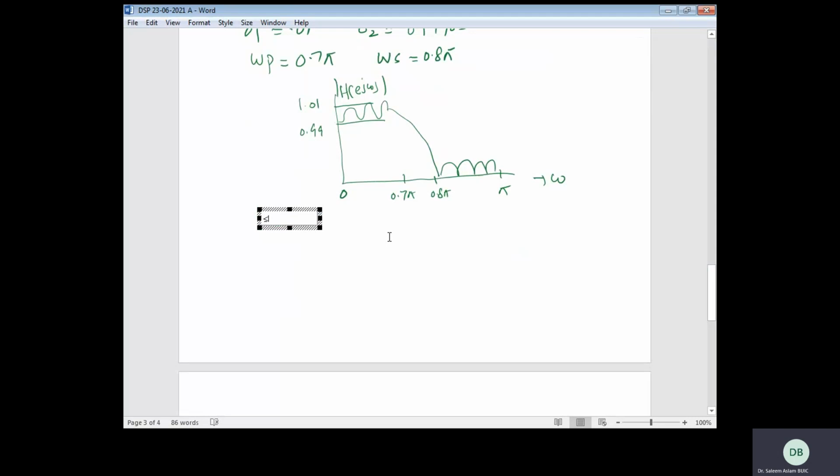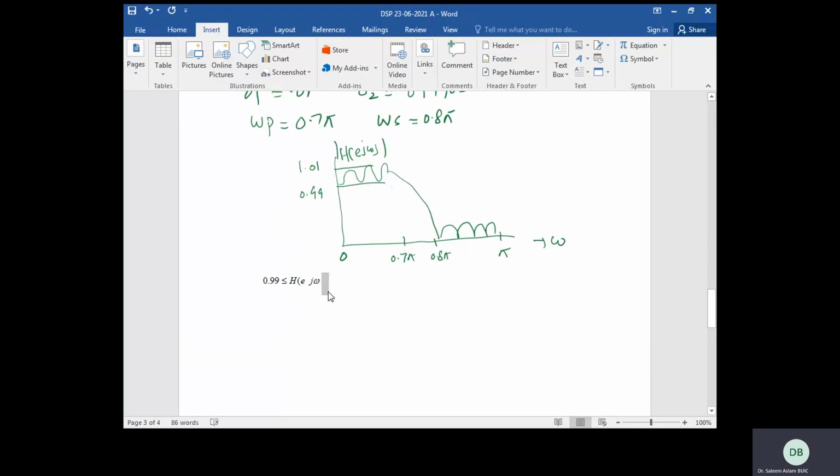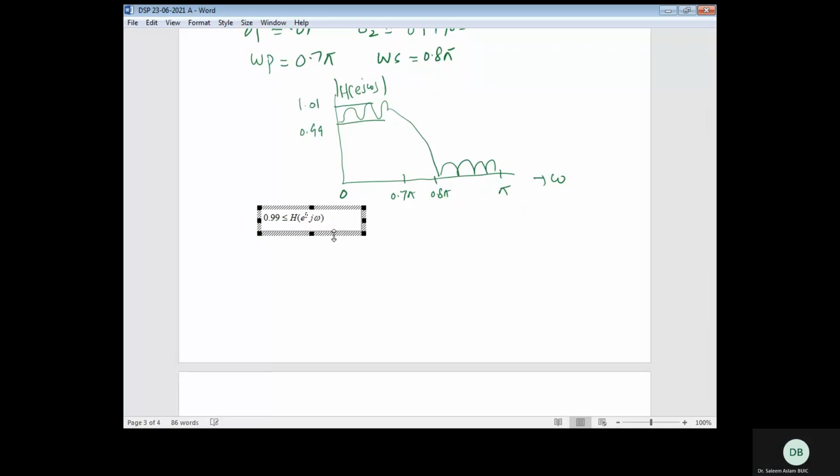So either it will be like this: you have 0.99 less than or equal to the magnitude of H(e^{jω}), and again you should have 1.01.